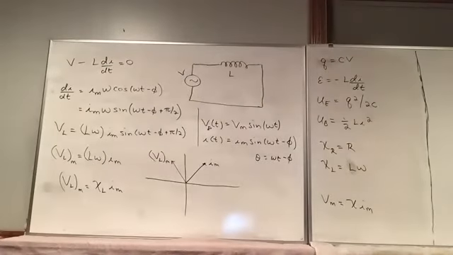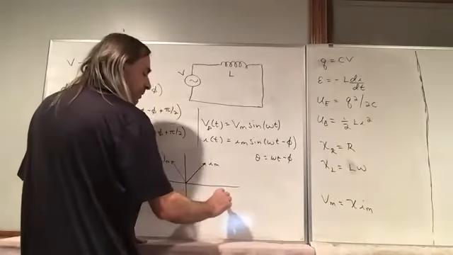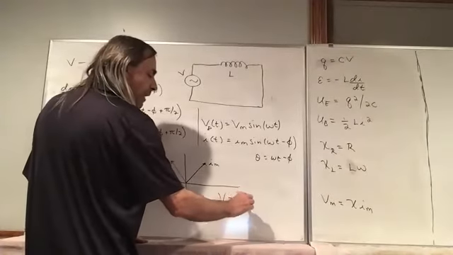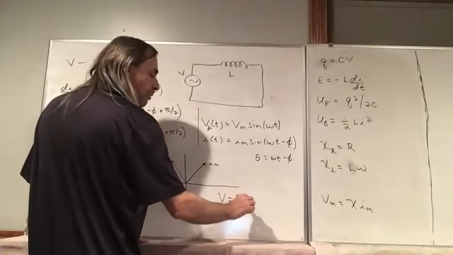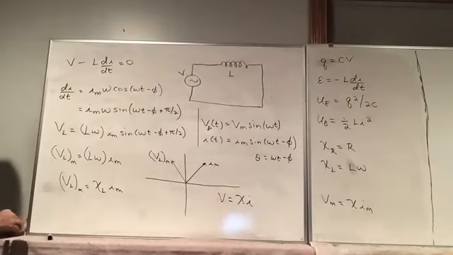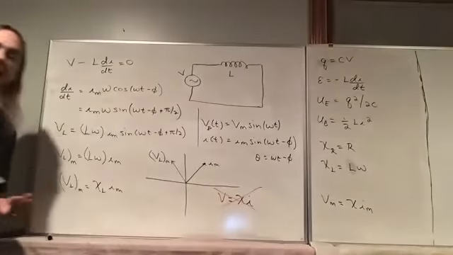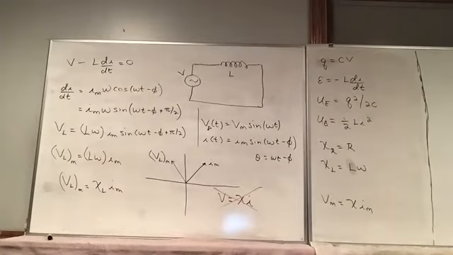Now, we can't say that Ohm's law is valid in this circuit. Like we don't have this relation in general that V is equal to the reactance times current. Here, let me put a big X through this. And this equation is not true because there's a phase shift between them.